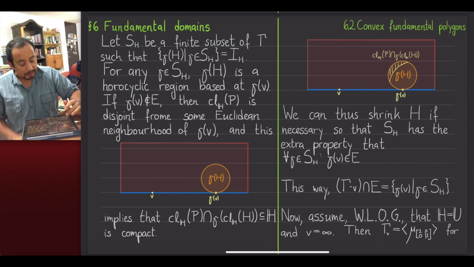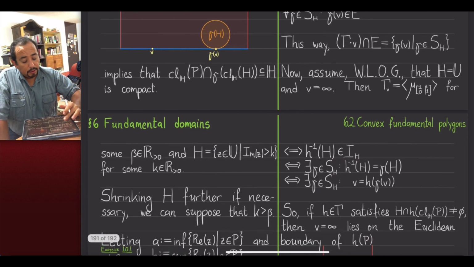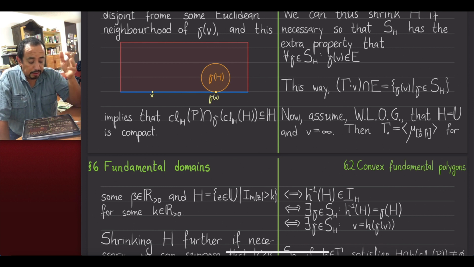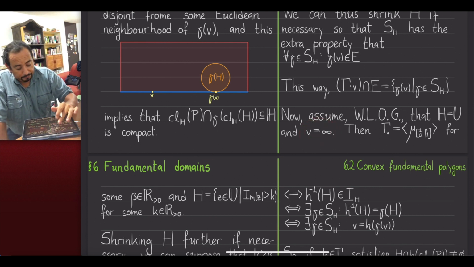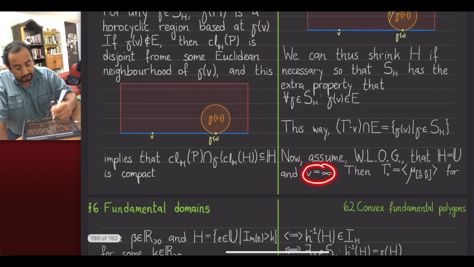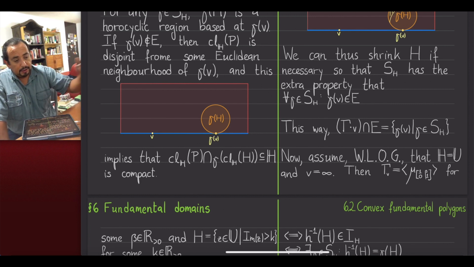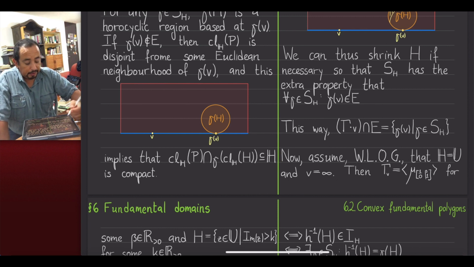All right. Now, of course, I can assume without loss of generality that I'm working in the upper half plane, and, up to perhaps conjugating gamma inside PSL2R if necessary, I can also assume that my point V in E is actually infinity. Then the stabilizer, which I know is a parabolic subgroup, consists entirely of horizontal translations, and I know it's cyclic, so it's generated by some horizontal translation.